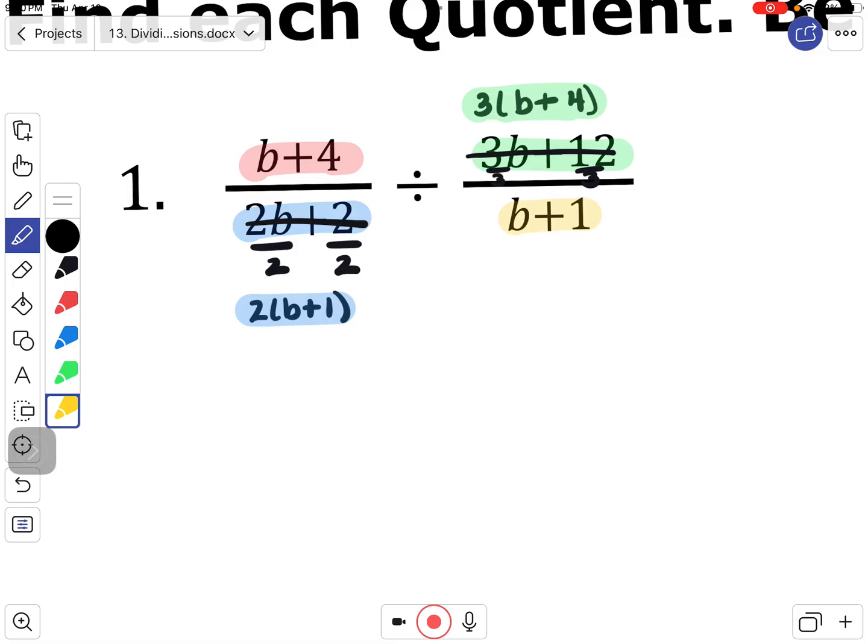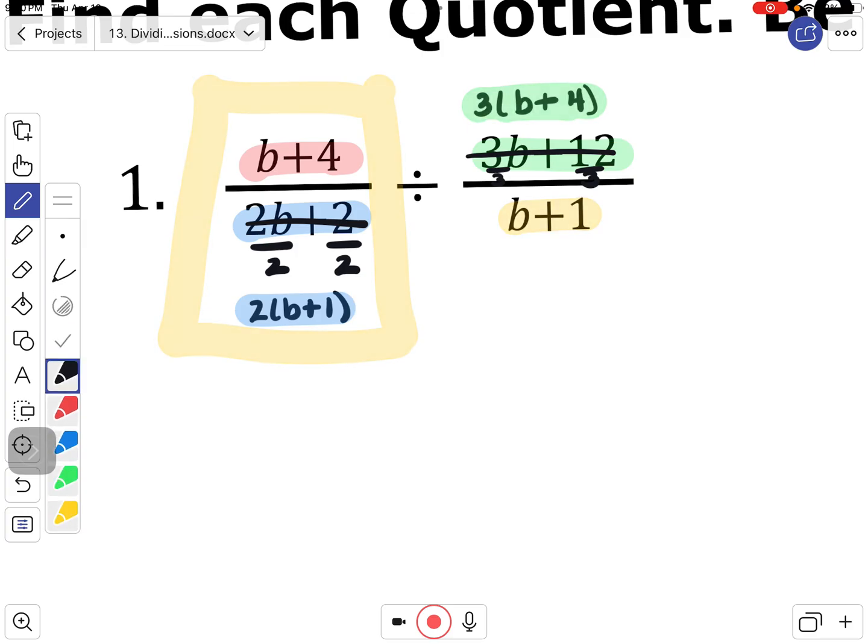Okay, so let's go ahead and do this, and remember this first set of fractions is going to stay exactly the same. So we're just going to rewrite those exactly as they are. So I have b plus 4, and I have 2b plus 1. Okay, when you have that division, what multiply by the reciprocal means is instead of dividing, I'm going to multiply, and what was on the top before is now going to come to the bottom.